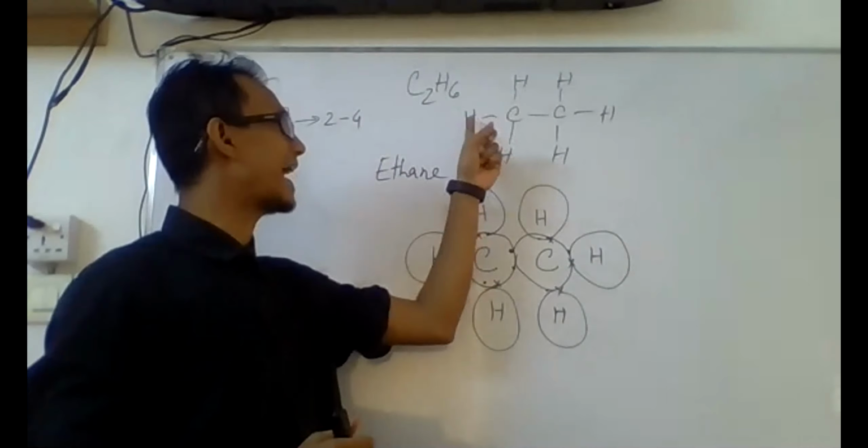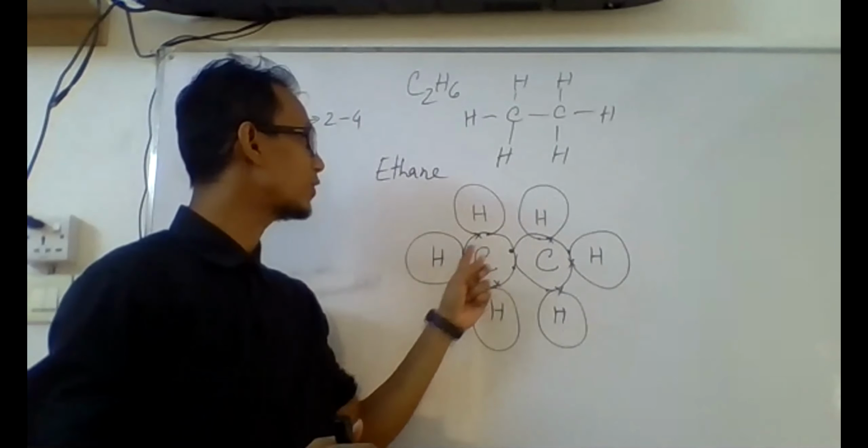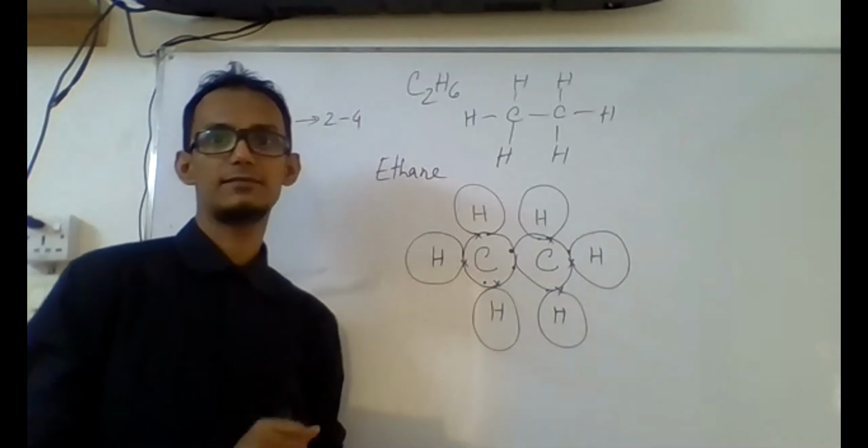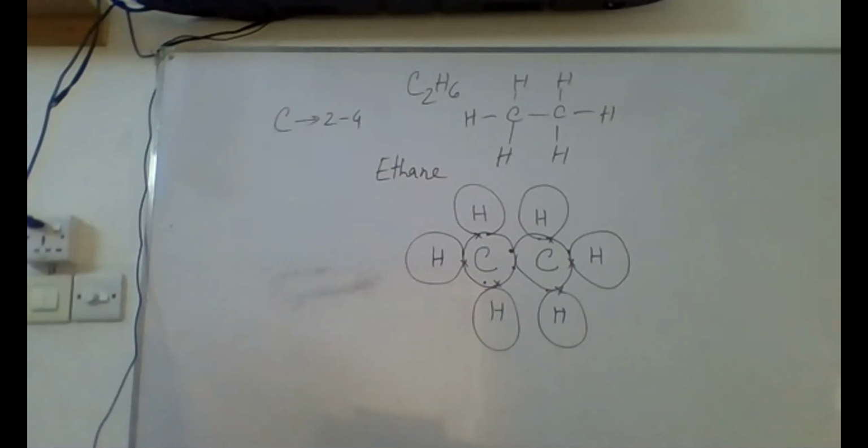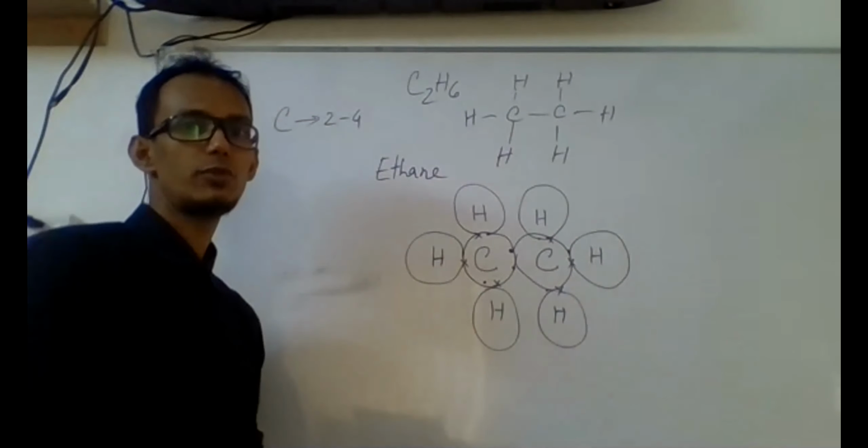Each of these dashes means one dot and cross electron, one pair of electrons. Do you understand this?